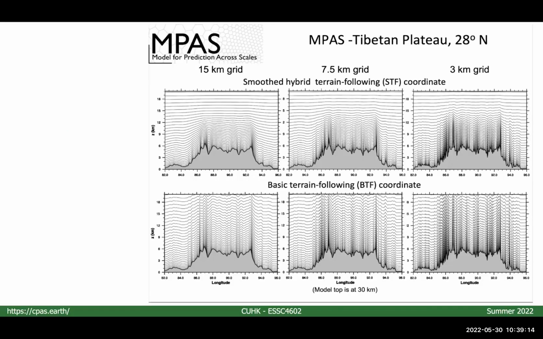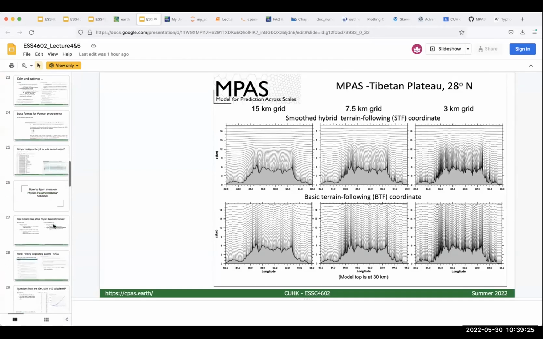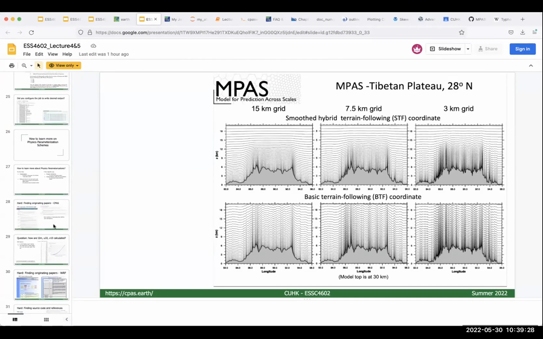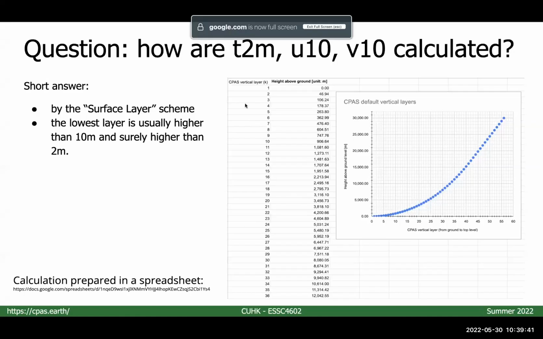So this is the information about the vertical layers to use. Last time we talked about the height of the 40th layer. So I shall show you this screen capture. We can actually just use a spreadsheet to calculate the way MPAS constructs the default layers.